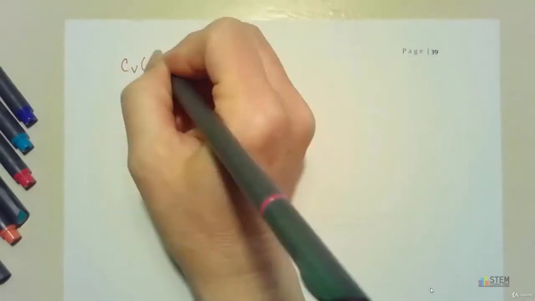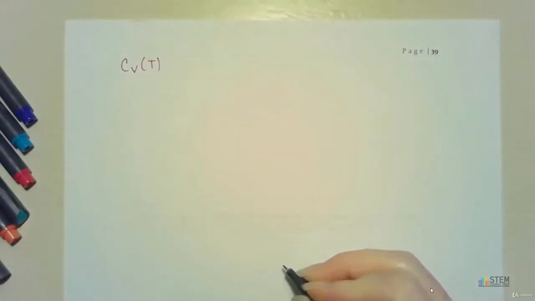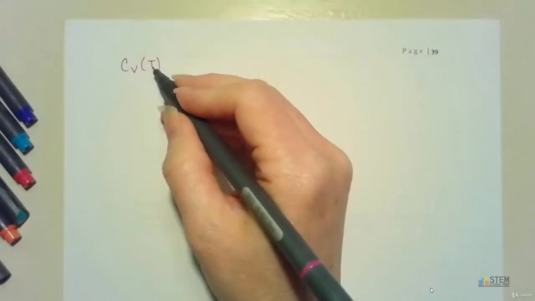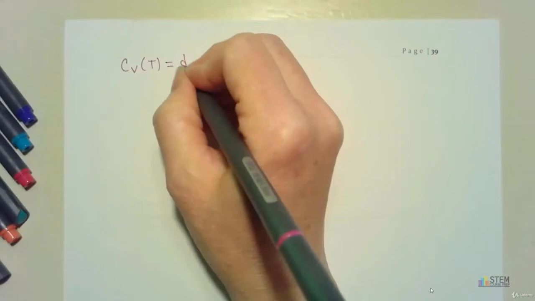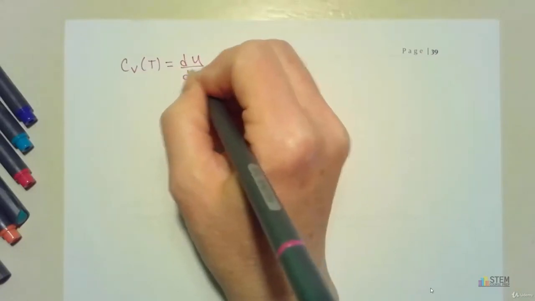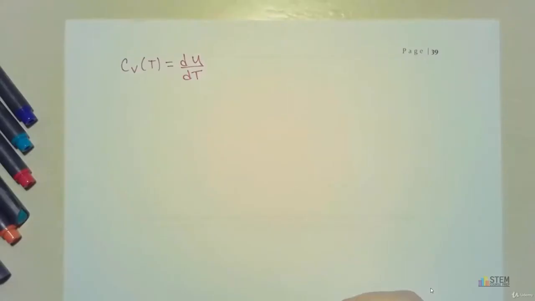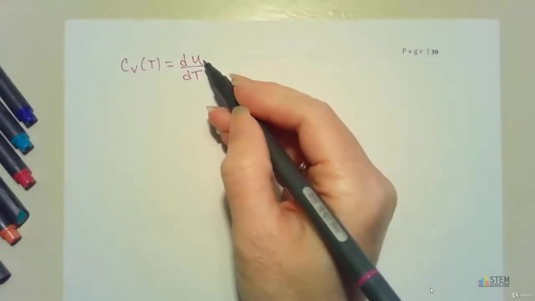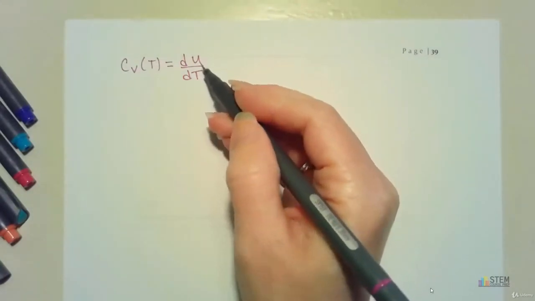Let's look at specific heat at constant volume. So Cv of T is just going to be a function of temperature, and it's going to be equal to du dT. And these are specific internal energies here. This is a little u.